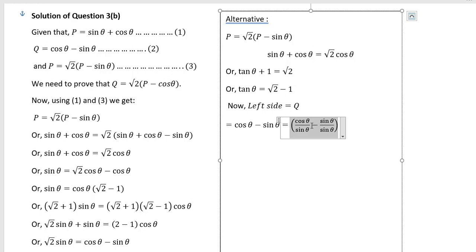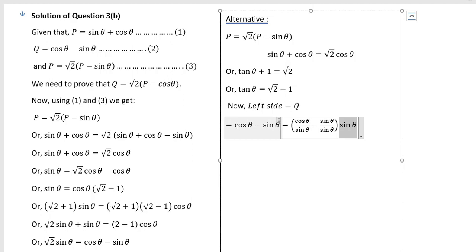That is, we will divide cos theta by sin theta and sin theta by sin theta, and as we have divided both terms by sin theta, to balance it we will multiply the whole term by sin theta. So this is the way to take sin theta as a common factor from the two expressions.